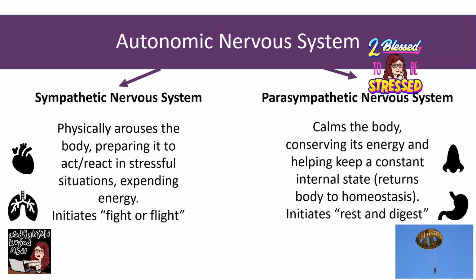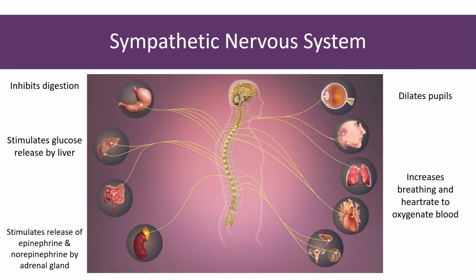So what happens in the sympathetic nervous system when that fight or flight response is ignited? These are some of the potential responses for fight or flight. Your digestion is inhibited. The liver stimulates glucose production. And anytime you get an increase in glucose, it's going to impact what's happening in your body.